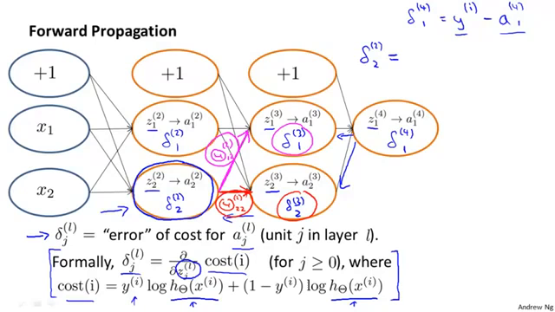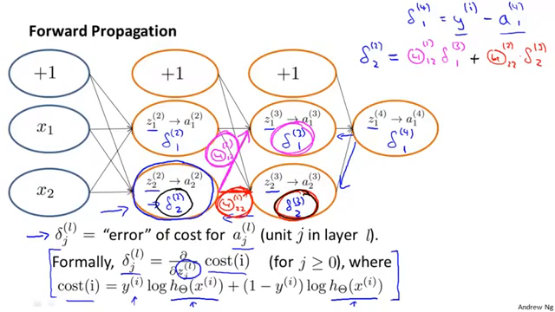So concretely, let me fill this in. This delta 2,2 is going to be equal to theta 2 of 1,2, which is that magenta weight, times delta 3,1, plus the thing I had in red, theta 2 of 2,2, times delta 3,2. So it's literally this red weight times this value plus this magenta weight times this value, and that's how we wind up with that value of delta. Just as another example, let's look at this value.